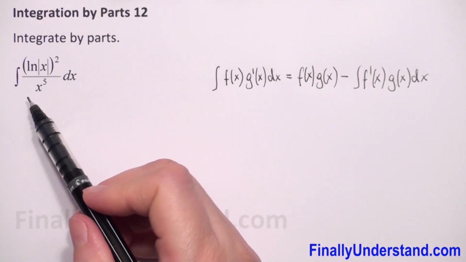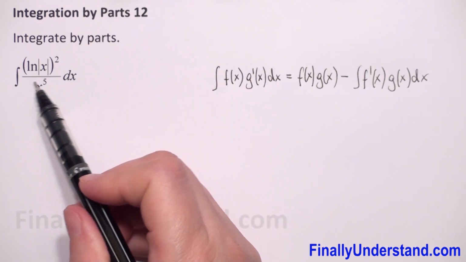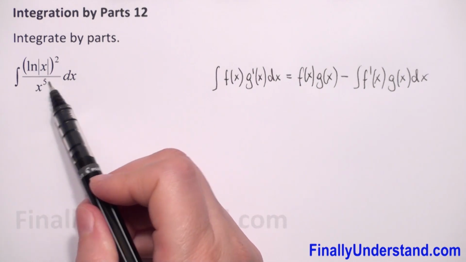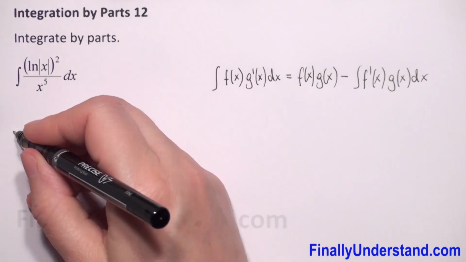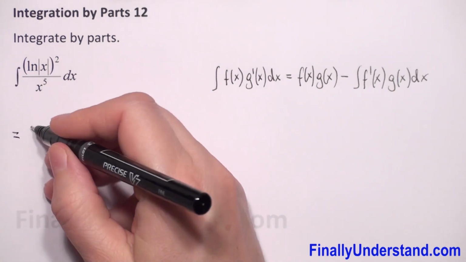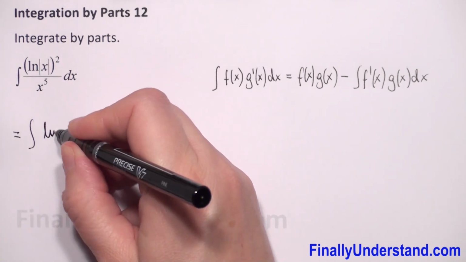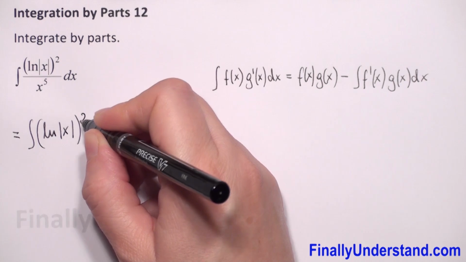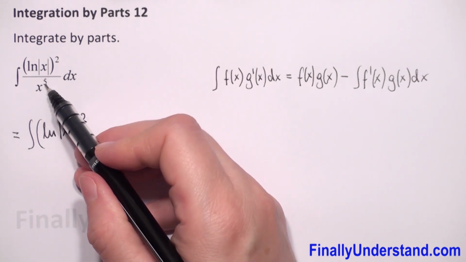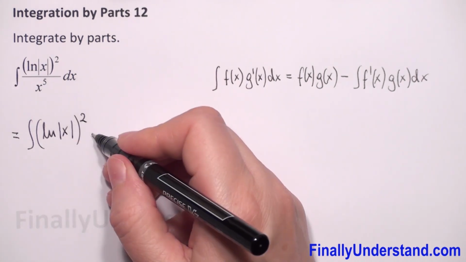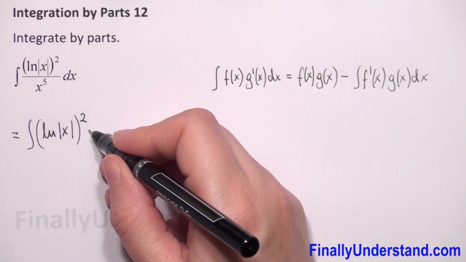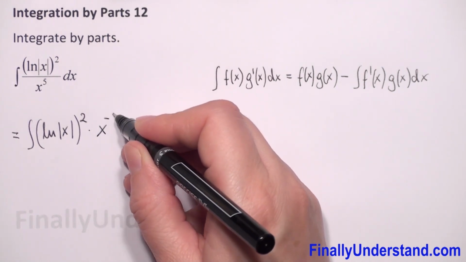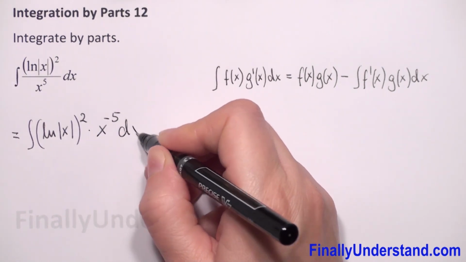So here we have division, so first I will change this to product. This is equal to integral of natural logarithm of absolute value of x to second power, and we have x to fifth power in denominator. So we can put that this is equal to times x to negative power 5 with respect to x.